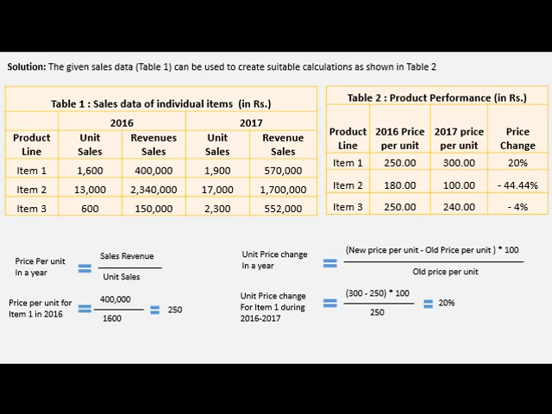Thus, for item 1, it will be 300 minus 250 multiplied by 100 and divided by 250. This results in 20%. Similarly, the price change percentage for item 2 during 2016 and 2017 is negative 44.44%, and for item 3, it is negative 4%.